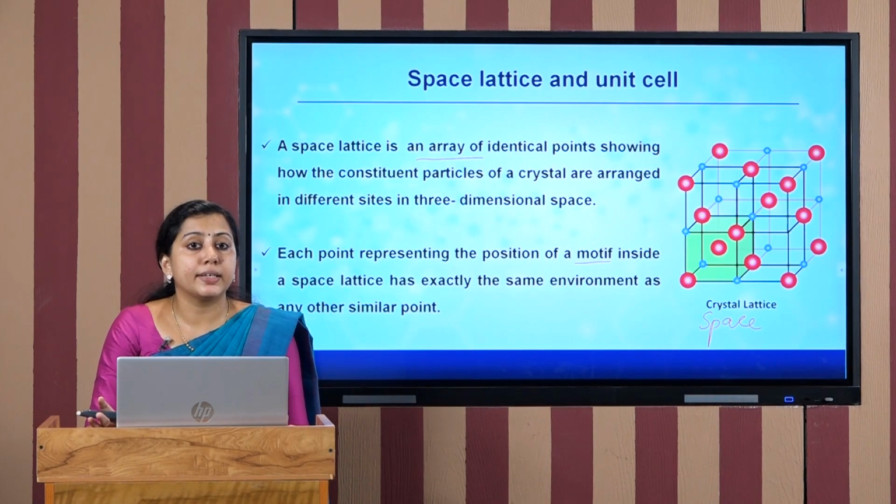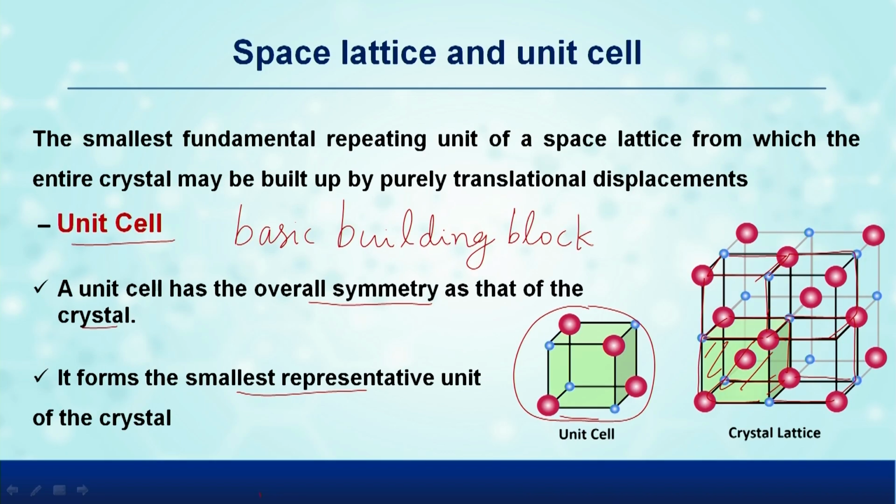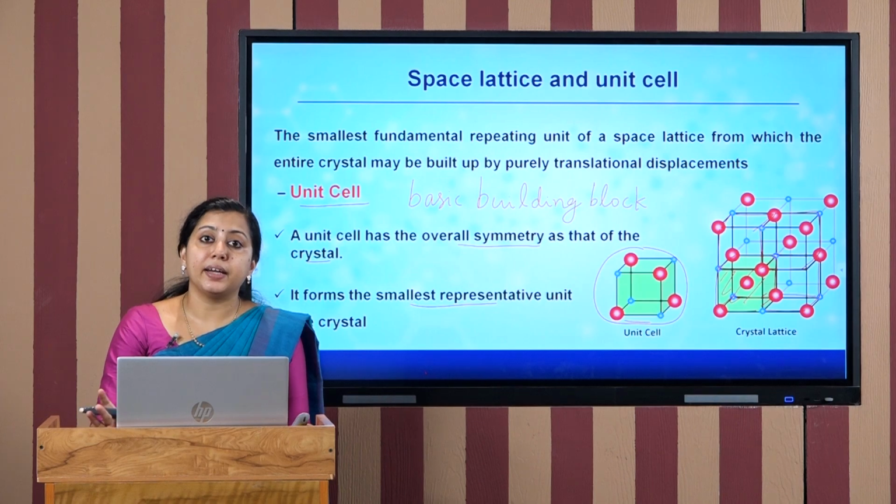So, that is a space lattice. And what is the peculiarity of a space lattice? Each point representing the position of a particle inside a space lattice will have exactly the same environment as any other similar point. Now, what is a unit cell? A unit cell is the smallest representative unit of the crystal. From that unit cell, you can generate the entire 3-dimensional crystal structure.